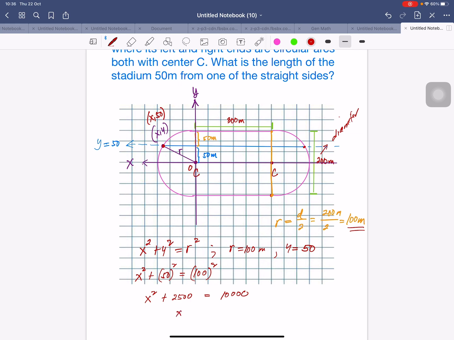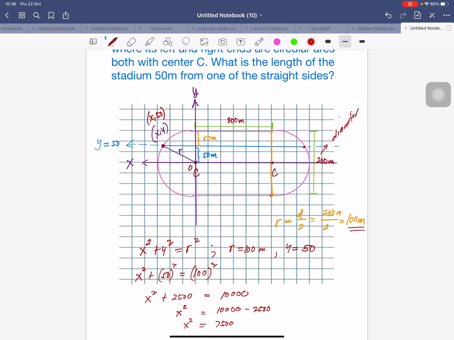So x squared is equal to 10,000 minus 2,500, and that gives you x squared is equal to 7,500.